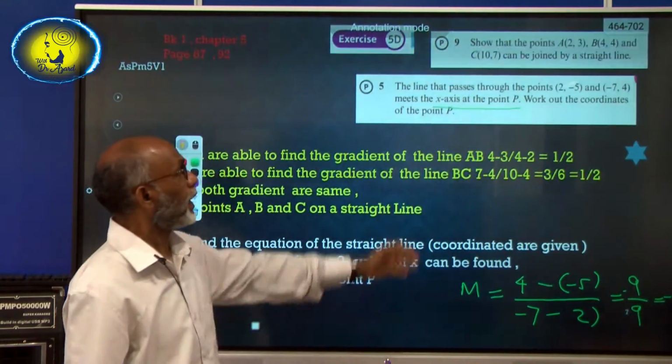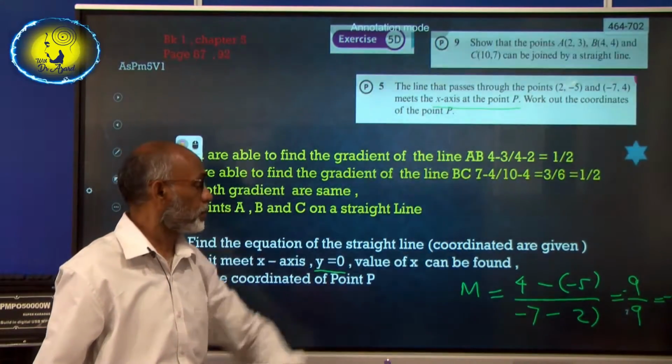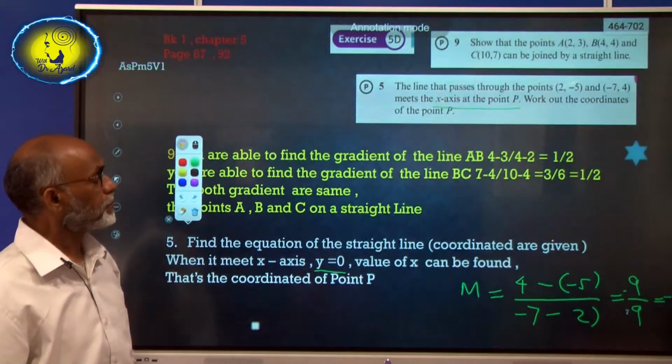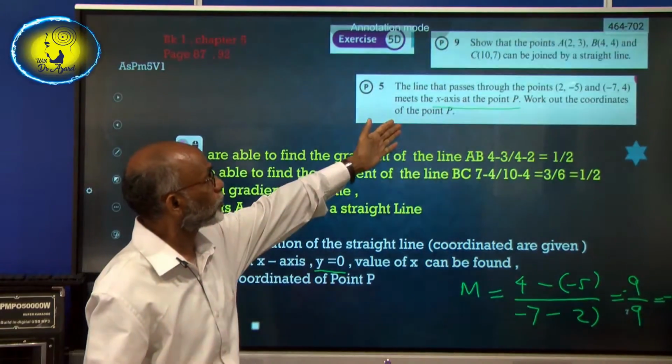The gradient of the line we are dealing with here is minus 1. Once we know the gradient, we can work out the coordinates of the point.